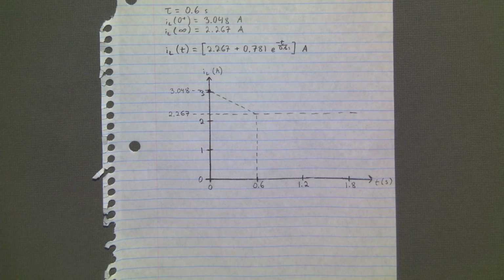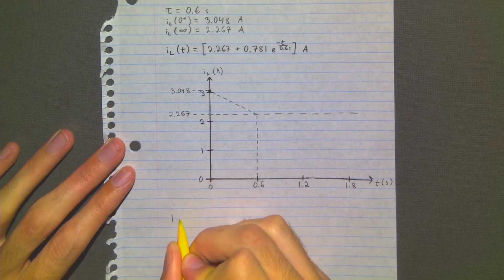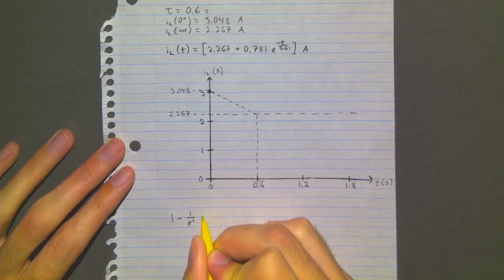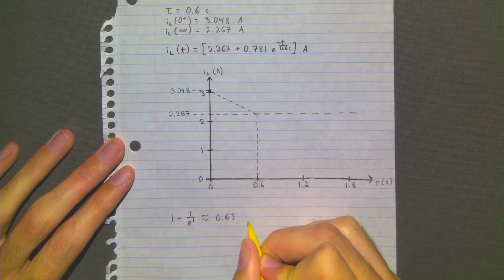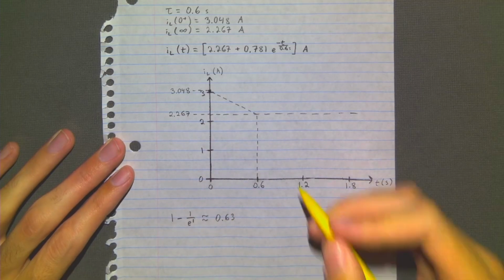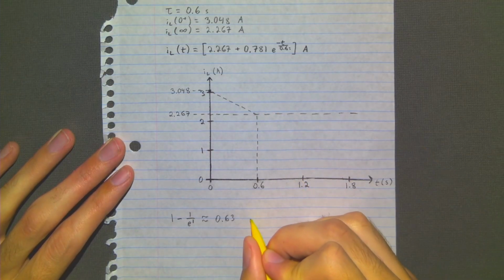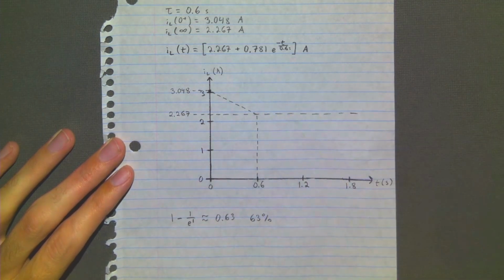Then we want to have an idea of what points the curve is going to pass through. And we can approximate that at each time constant. So for the first time constant, we can do 1 minus 1 over e to the 1, which is approximately 0.63, which means that at the first time constant, the current is about 63% of the way from the initial value to the final value.